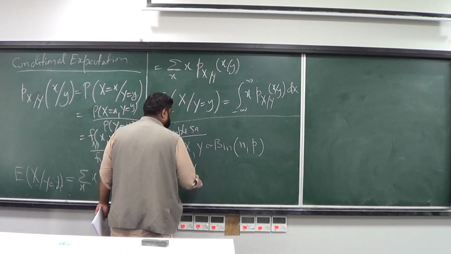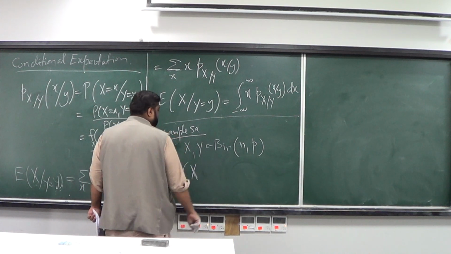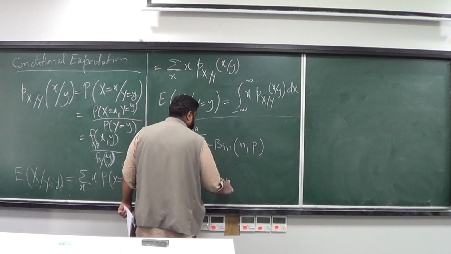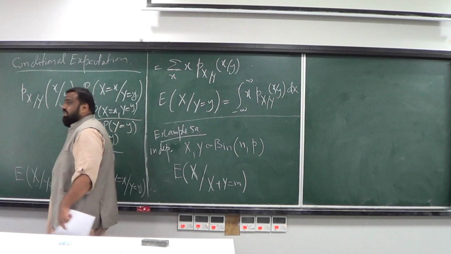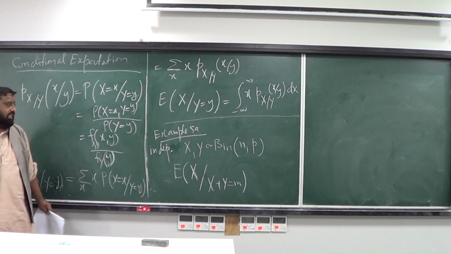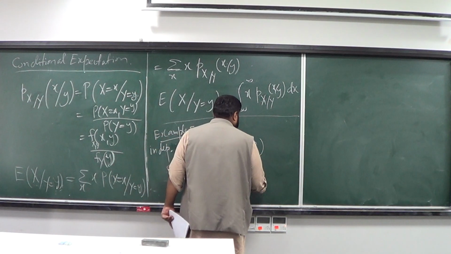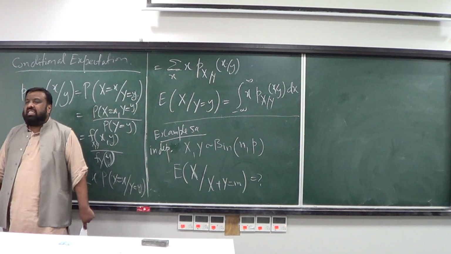Now compute the conditional expectation of X given X plus Y equal to m. So this is what we have to compute. What could be the scenario that it can model?